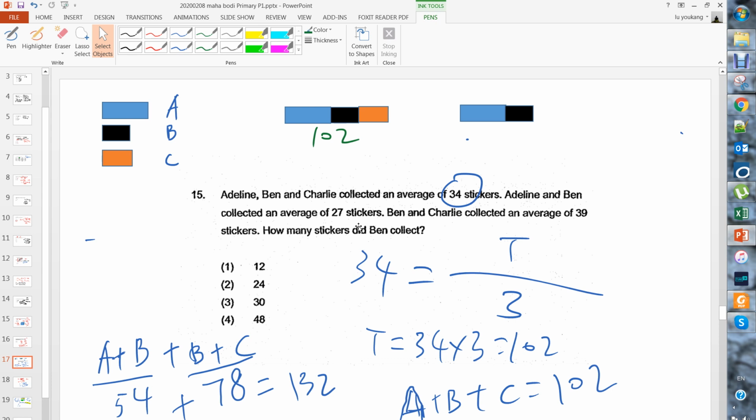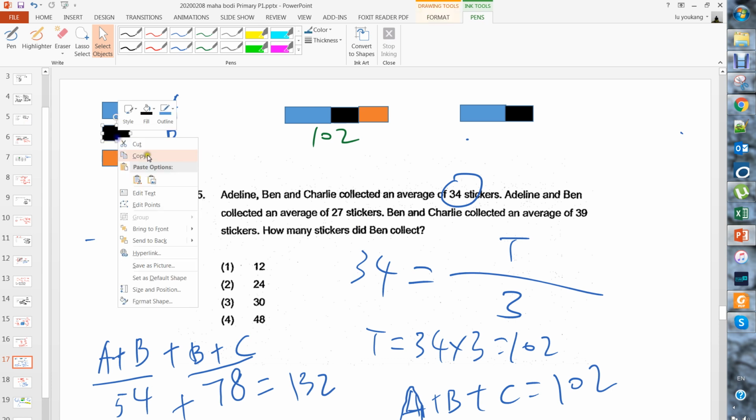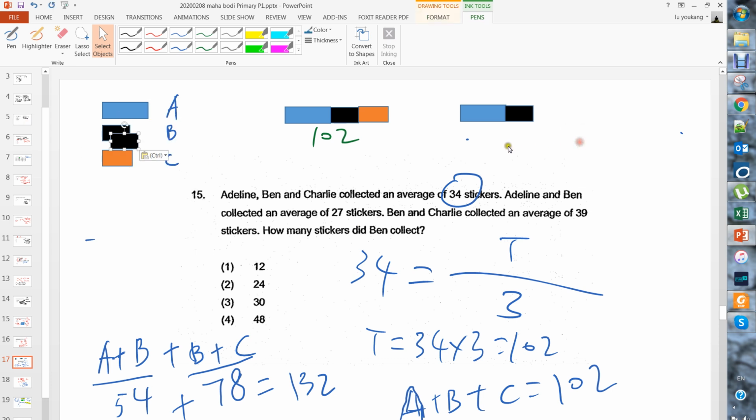A plus B and then continue. Plus what? B. So I choose the black one, right? Yeah. And then plus C. So I choose the orange one. How much is A plus B plus B plus C? 132. Very good.